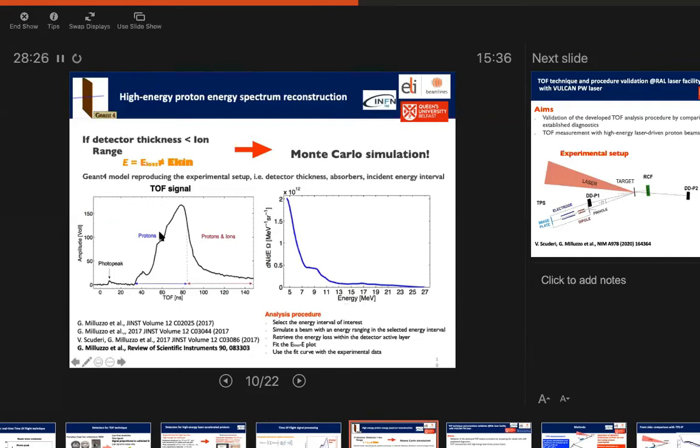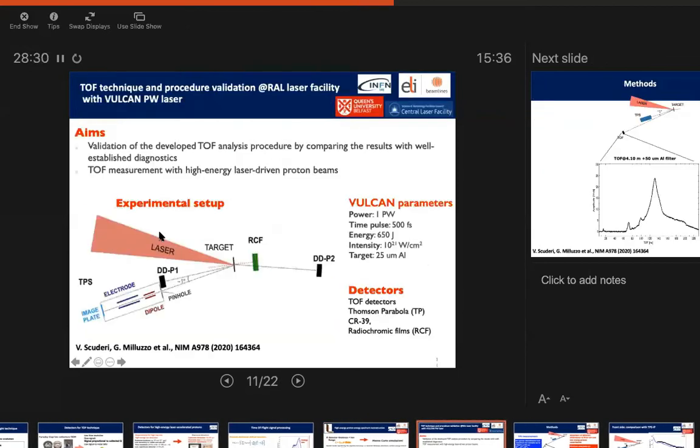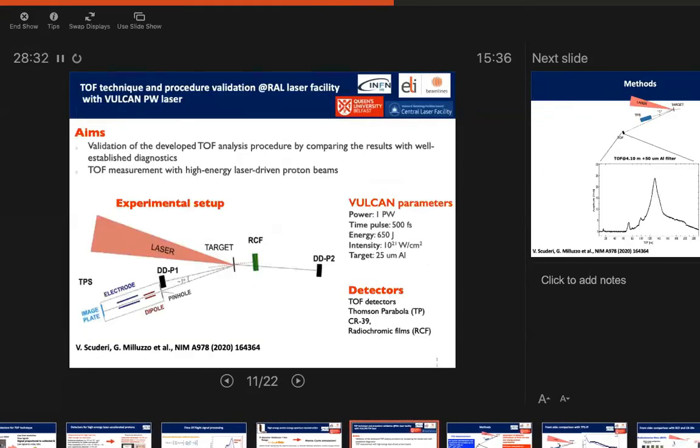For instance, I will show you an example, the experiment in RAL, where we also tried to distinguish between protons and different ions. This was the first experiment we performed, in 2015 in RAL with the Vulcan petawatt laser, a very powerful laser.